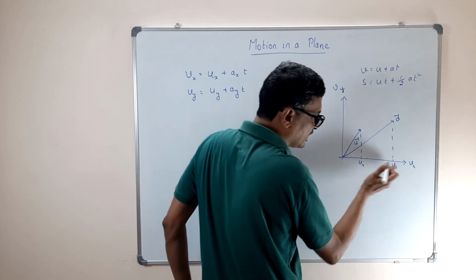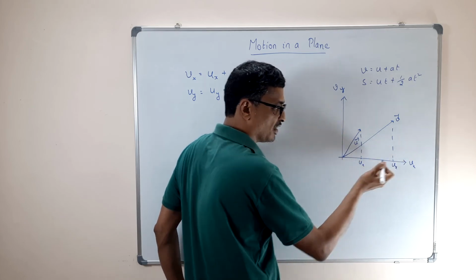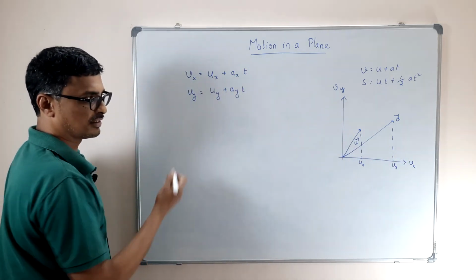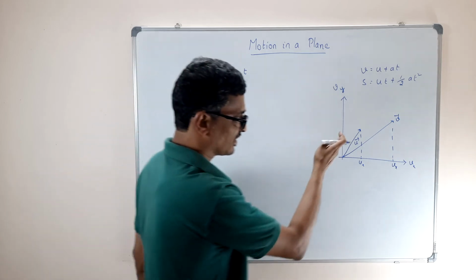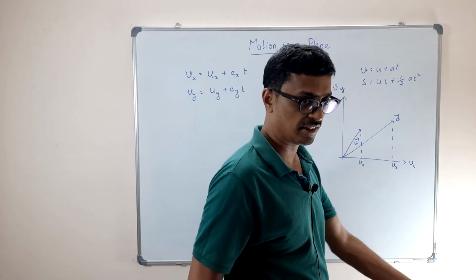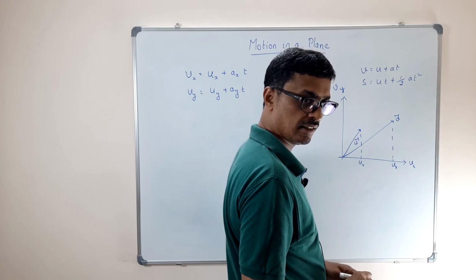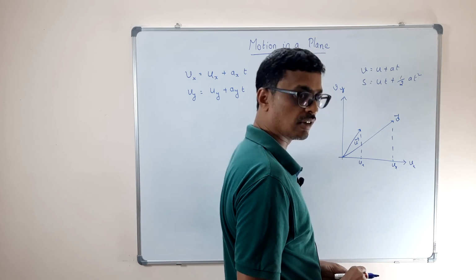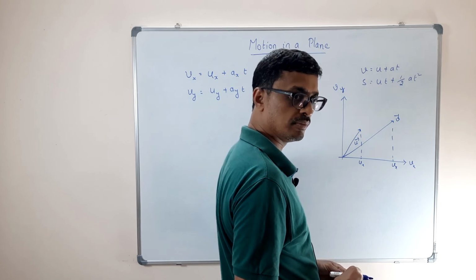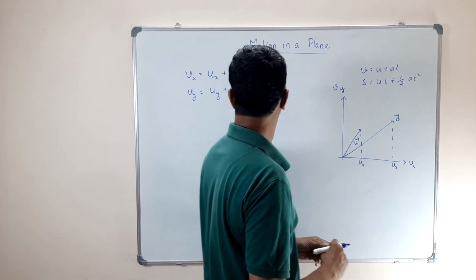So this is a rectilinear motion, and this is acceleration. But even after resolving them along the x-axis and y-axis, how will you take it in the plane? How will you combine both of them?